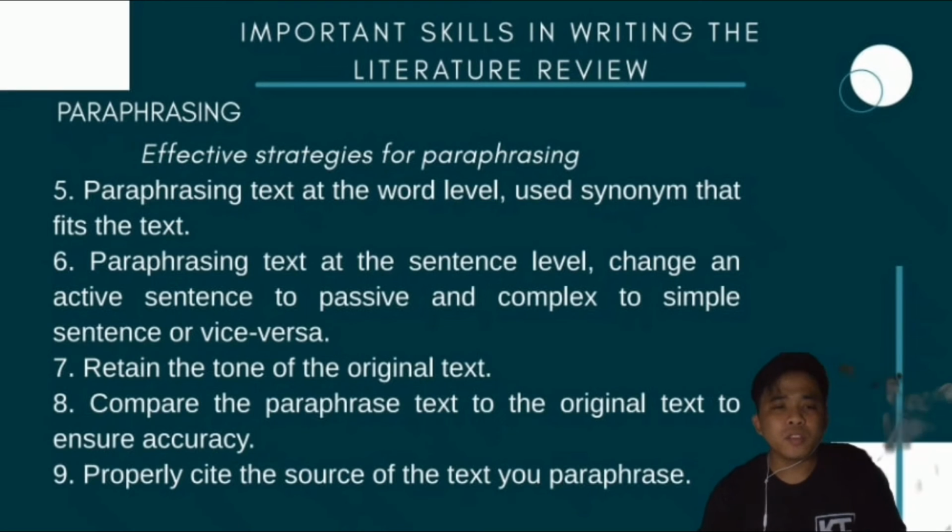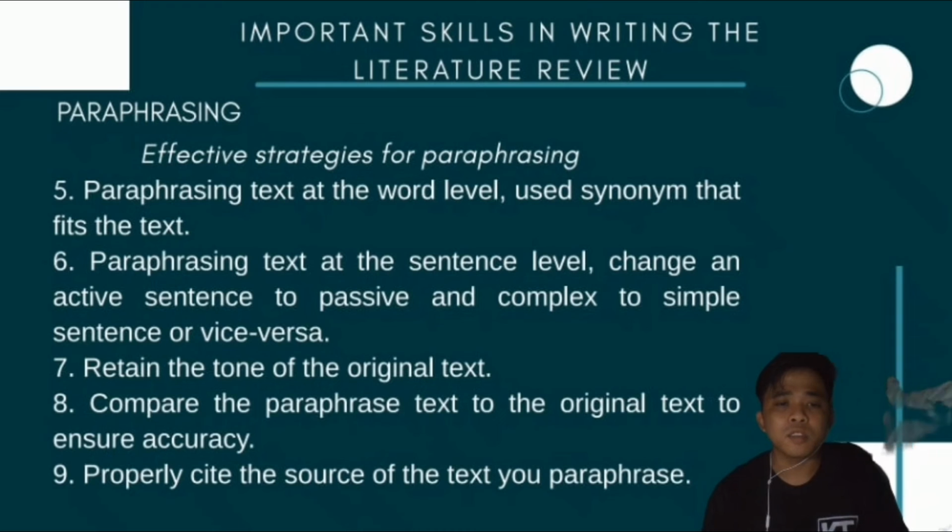Then eighth is to compare the paraphrased text to the original text to assure accuracy. So after you have paraphrased the sentence, you must compare your output to the original text to see the differences or to look for mistakes so it can be more accurate.